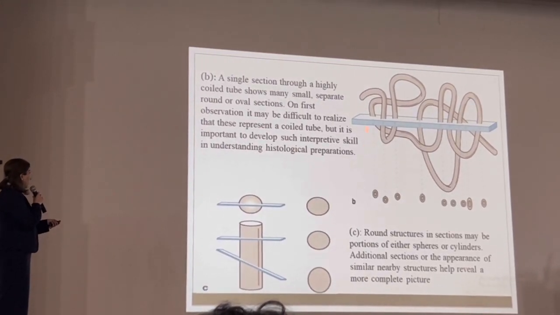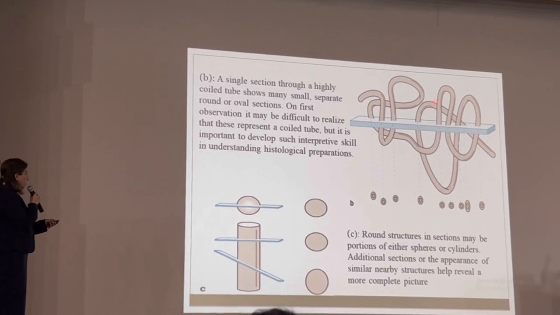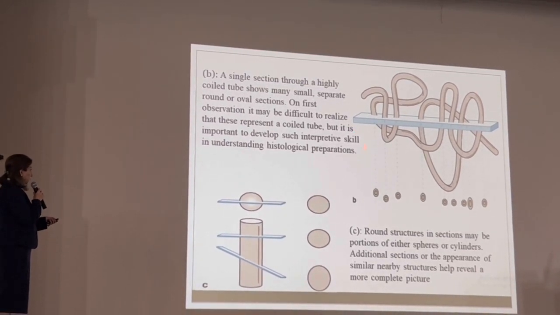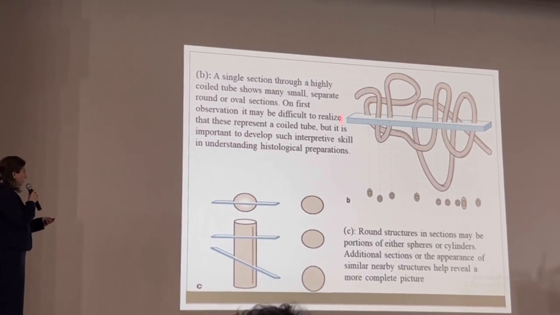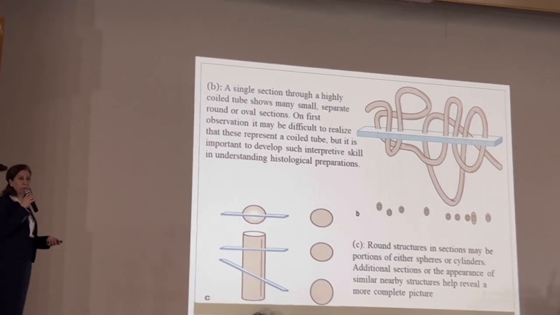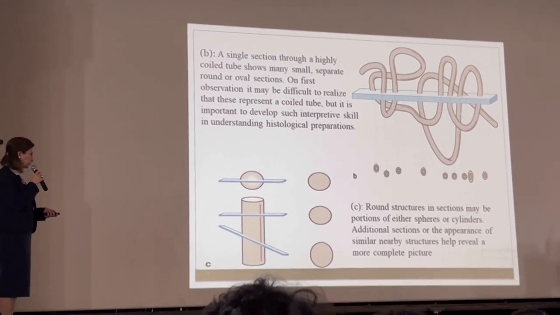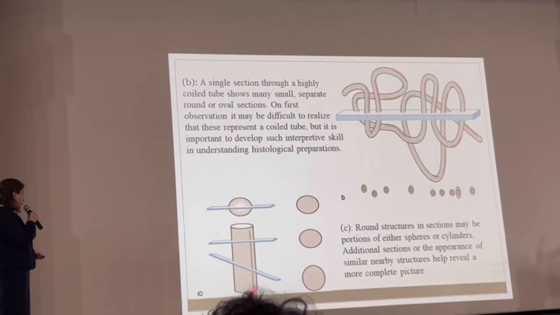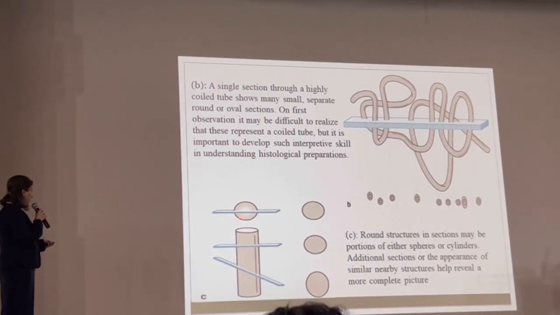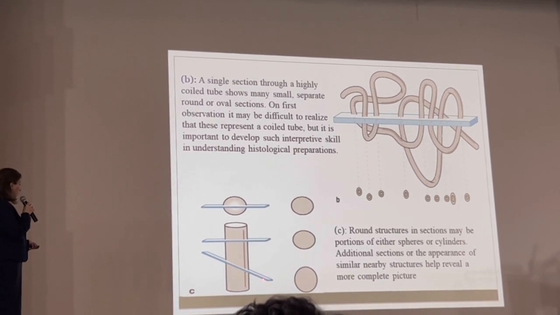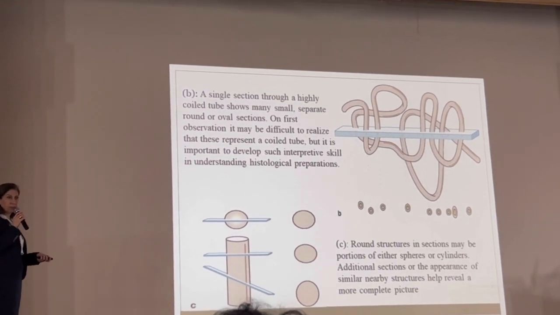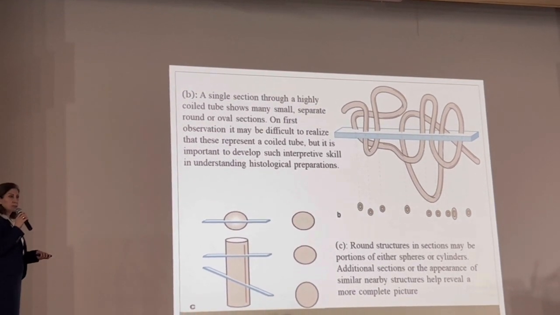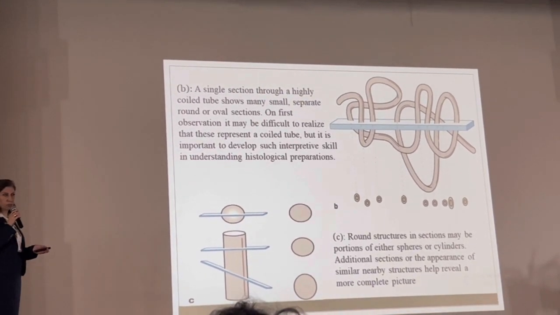Here we have another tube-like structure which is tortuous. If you section it like that, it will look under the microscope like this. So you won't see it as a three-dimensional or tube-like structure. Or this cylindrical shape, when you cut it in these different sections, each one will give you a two-dimensional image, which is different according to the plane of section.